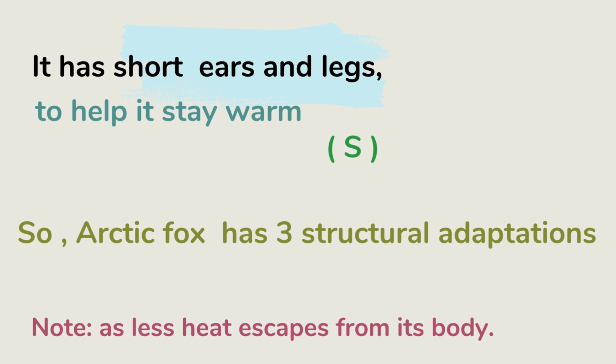As the fennec fox has big ears to lose heat, this Arctic fox doesn't want to lose heat, but the opposite. It wants to keep its body warm, so it has short ears and short legs. Okay, so now we talked about three structural adaptations of the Arctic fox.